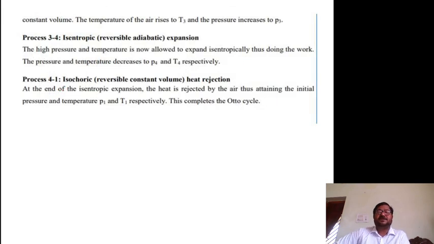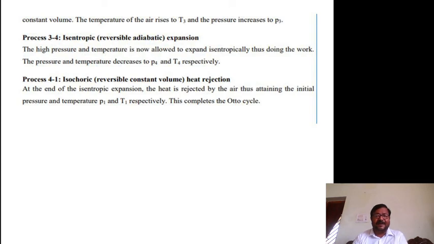These are the 4 processes. Another important process I would like to discuss here is the reversible adiabatic, or isentropic, process. Why is it called reversible adiabatic isentropic? Again I will tell you that T1 by T2 is equal to P1 by P2. T and P have the same suffix.